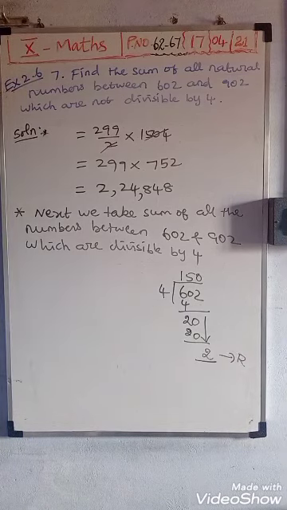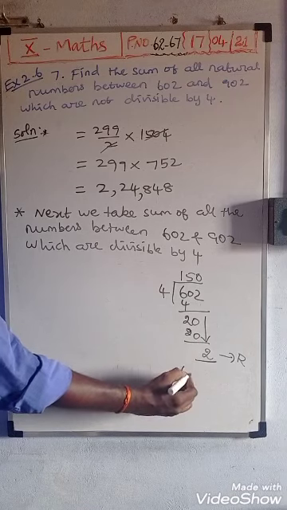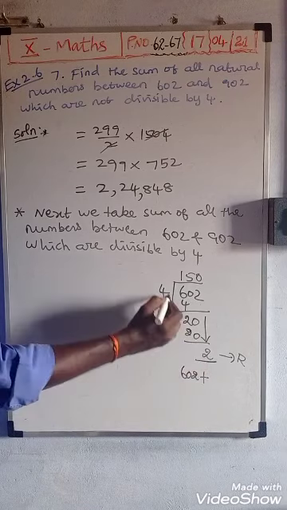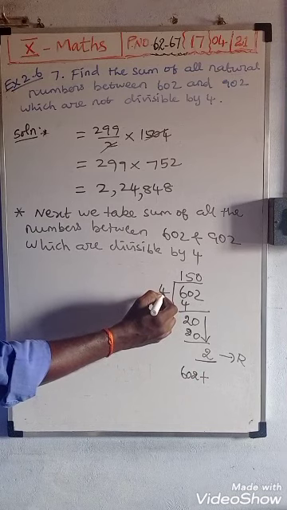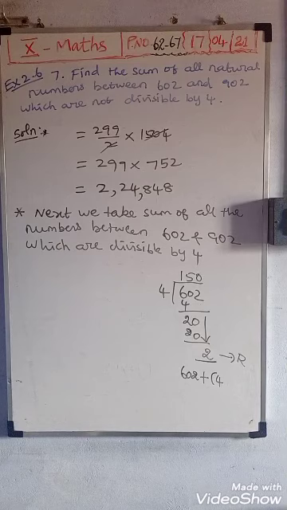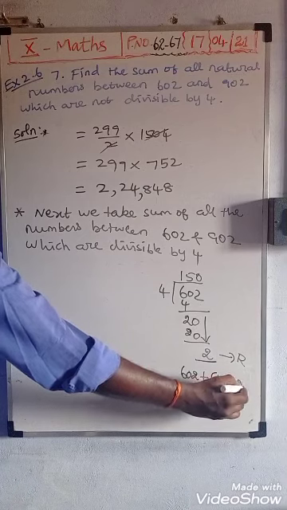So the remainder we received. What do we want to do? To find the first number, see, check this 602. You should add to it the divisor minus the remainder, so you should subtract the remainder from the divisor.